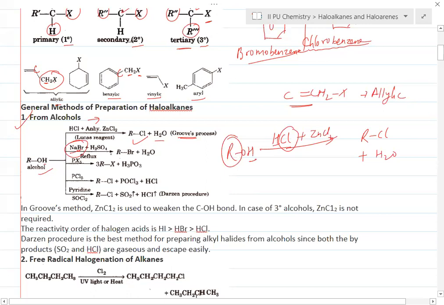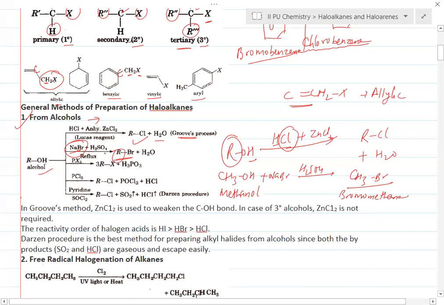For example, if you take CH3OH, which is methanol, and react it with sodium bromide in the presence of H2SO4, it will form CH3Br. Bromomethane is formed. Here R is one carbon, that is a methyl group.